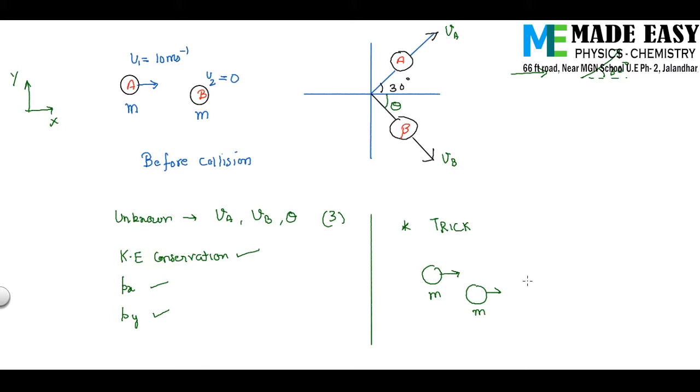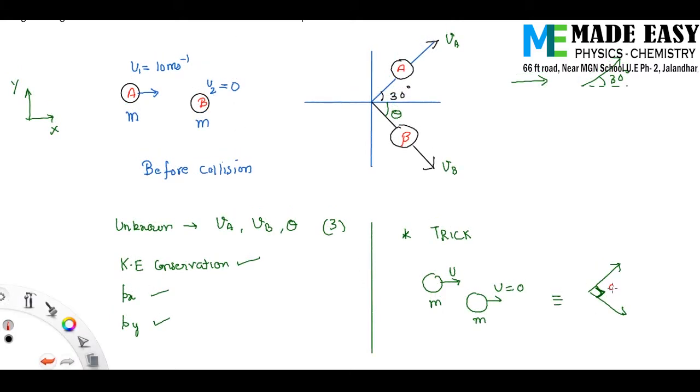When they collide obliquely, where one body is moving with velocity u and the other is initially at rest, then after collision the two bodies scatter at an angle of 90 degrees with respect to each other. This is the trick I'm going to use in this question. Using this trick, I can simply say that theta is going to be 60 degrees. So we have got one angle, theta.